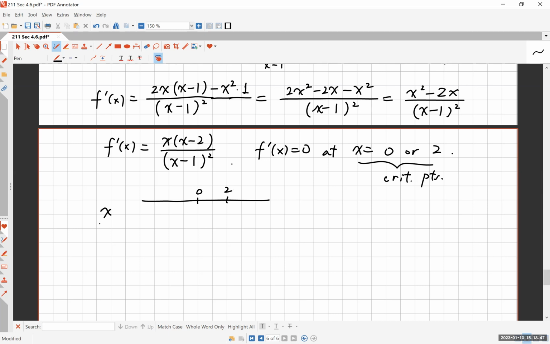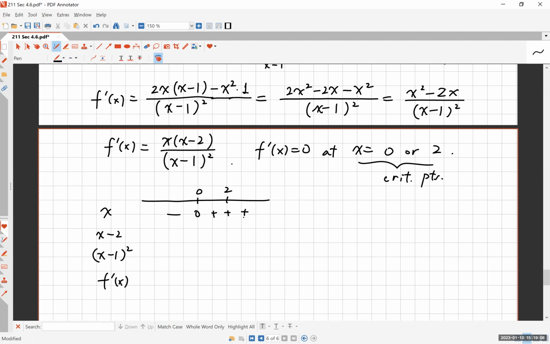So you have x and then x minus 2 and x minus 1 squared. And after these 3 rows, we can analyze the sign of f prime. So x is negative when x is negative. X is 0 when x is 0. It's silly to say that, right? X is positive when x is positive.